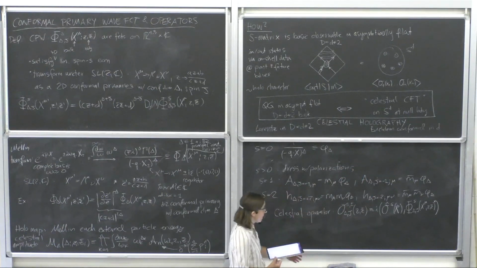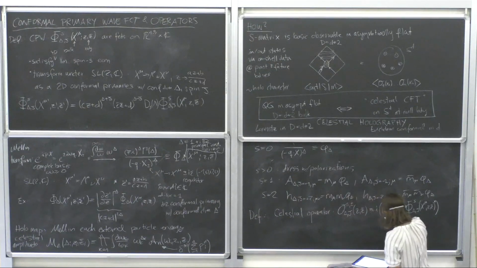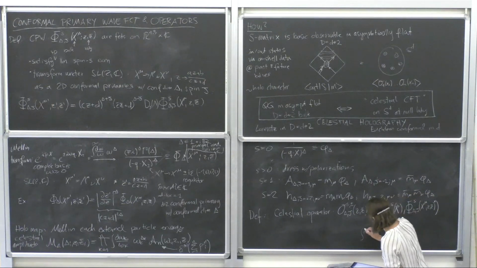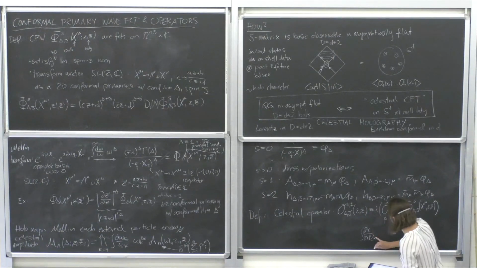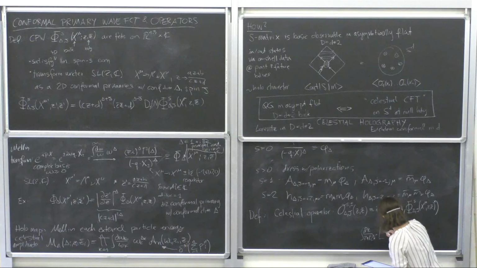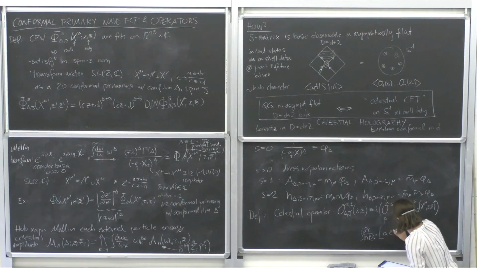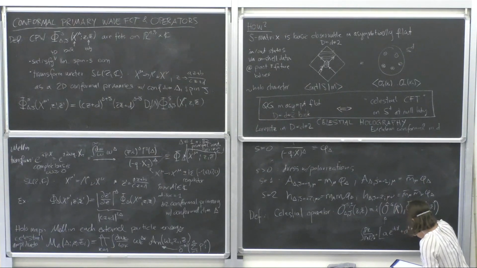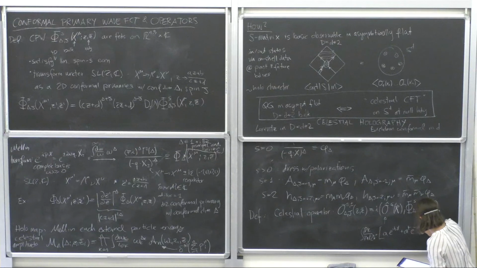So in a momentum basis, what we would do is, let's say for scalars, for example, I would just take this bulk scalar operator and expand it in modes. So d^3k over 2k^0 for the measure. And then I have some creation and annihilation operators multiplying the plane wave functions: a e^{ik·x} plus a dagger e^{-ik·x}.